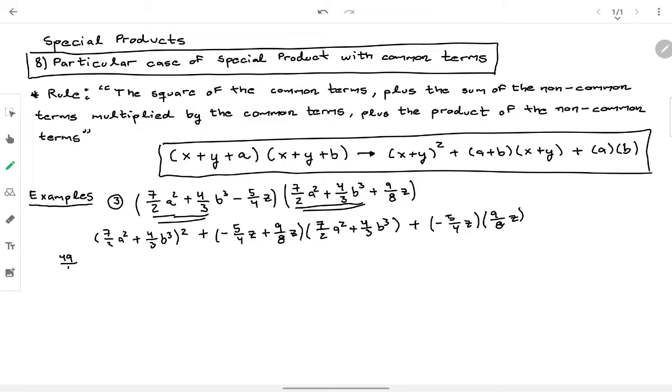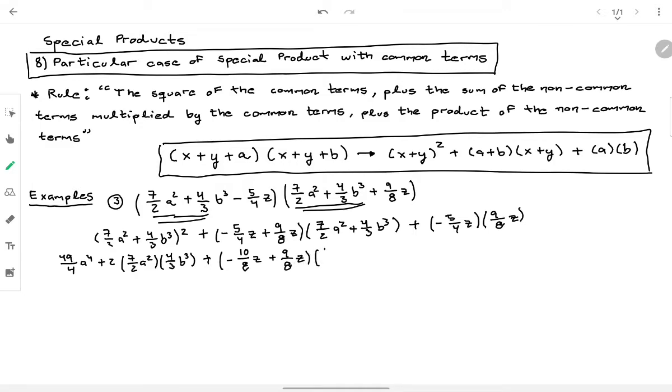49 over 4 a to the 4th plus 2 times 7 halves a squared multiplied by 4 thirds of b cubed. Then it's going to be plus, we need to make the addition, we need to have the same denominator, so it's going to be minus 10/8 of c plus 9/8 of c.